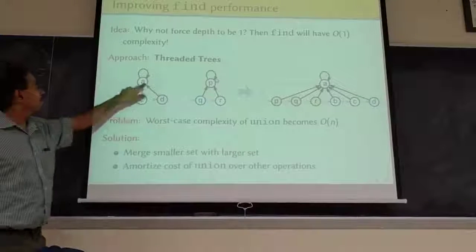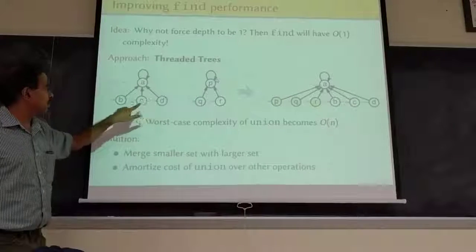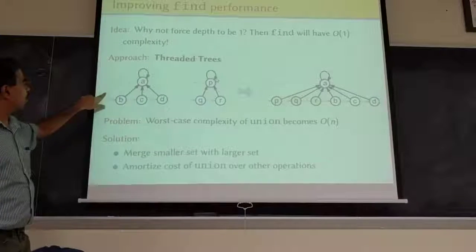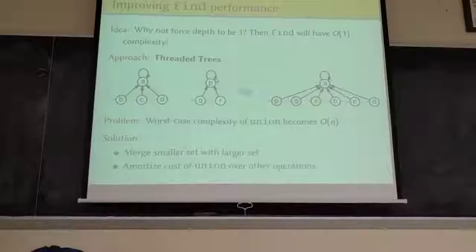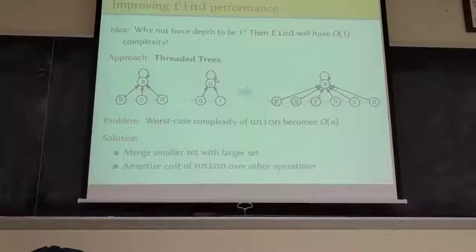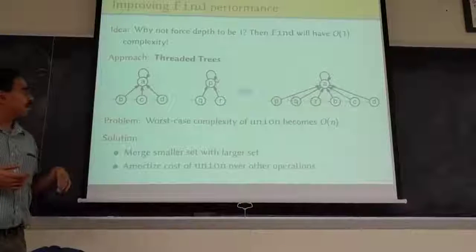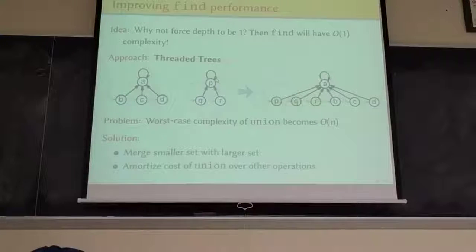Okay, so you have the root connecting to the leftmost leaf, and then you have a sequence of arrows so that by following this chain from the root, you can reach all the elements of the set. Okay, so now it's obvious that find is fast, but union is going to be slow, right? So why is union slow?